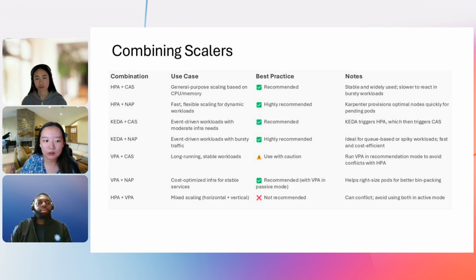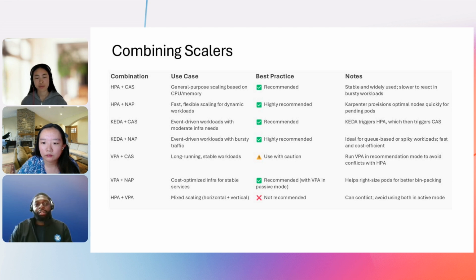And then Wilson, do you want to speak more to how NAP can be utilized with some of the application scalers? For sure. As shown in the table here, if you're leveraging one of the infrastructure scalers, we strongly recommend using NAP in this case, as it has better bin packing opportunities compared to cluster autoscaler. And similar to what Amanda mentioned, just make sure that you're not overlapping the application scalers in the wrong manners, particularly VPA.